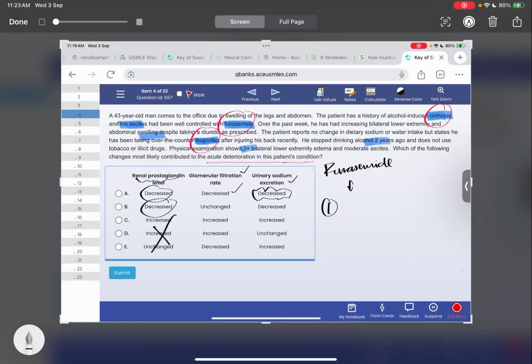It blocks the sodium potassium chloride channels, and the other function is that it increases prostaglandins. These two are the important functions of furosemide. But due to NSAIDs, this effect is decreased, so the overall effect of furosemide is decreased.